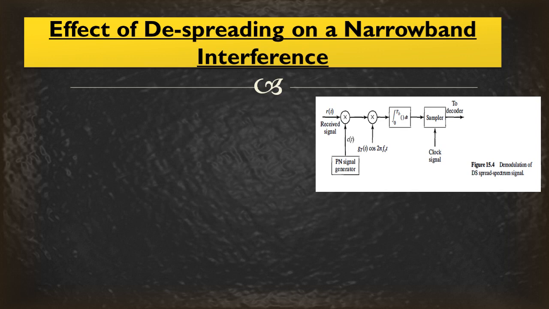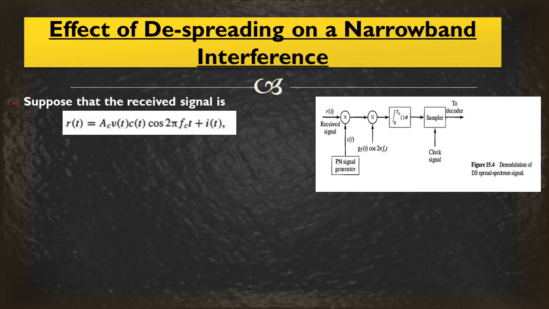Here, along with the transmitted signal, the spread signal, I will consider even the interference. That means some unauthorized person, intentionally or unintentionally, has added his signal to my transmitted signal. That is the interference. So let us say that I received an input signal r(t), which is given by this equation.